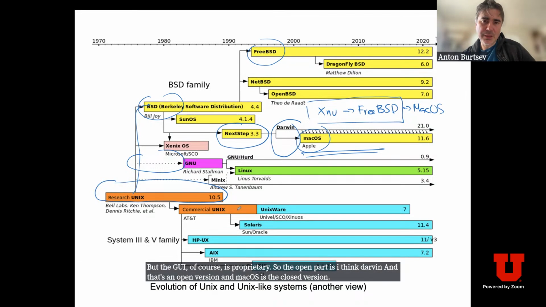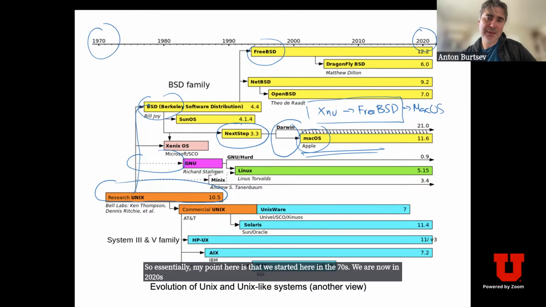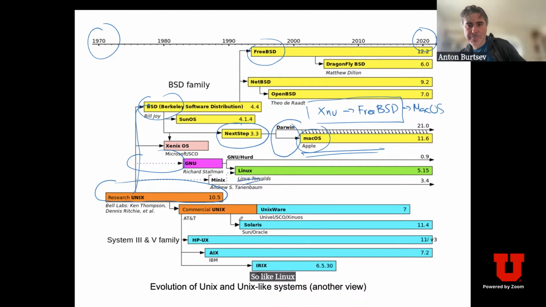So my point here is that we started in the 70s. We are now in the 2020s, but there is still a very strong connection between x86 and other Unix kernels, and production quality desktop and server kernels we're running. Linux is a de facto standard kernel in a data center.